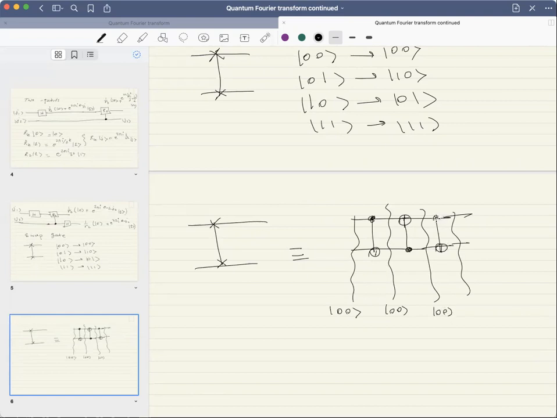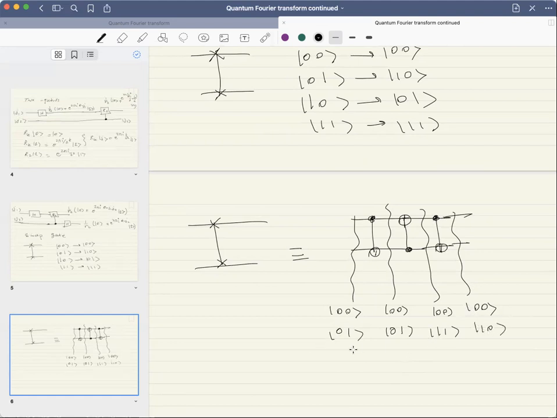None of these act because the one that's controlling is always 0. If I send 0, 1, so here nothing happens. So here I have 0, 1. Now this guy over here, the second one is 1. So now this flips the first one. So I get 1, 1. And now this is 1. So now the second guy gets flipped. So I get 1, 0.